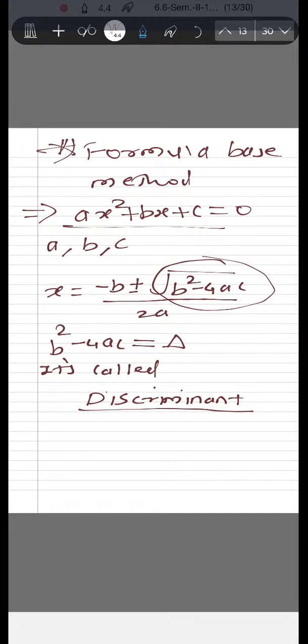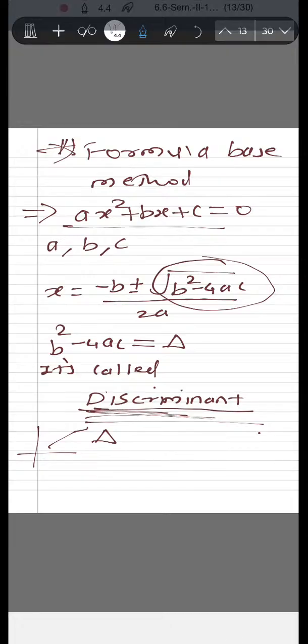B square minus 4ac, which is equal to that triangle, is called the discriminant. Now a quadratic equation is also one kind of equation of a line, which means we can visualize it and draw it on a graph. Depending on the discriminant, some cases and conclusions exist.